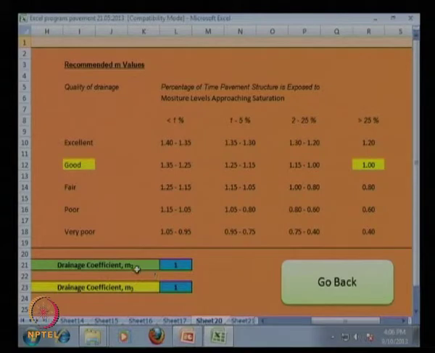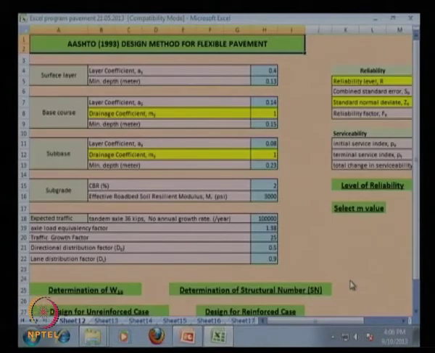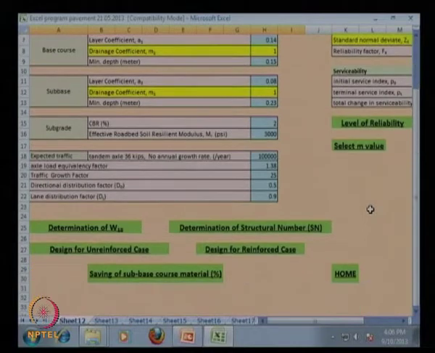That is why drainage coefficient M2 is equal to 1 and drainage coefficient M3 is equal to 1. One is for the base course, another is for the subbase course. So you can calculate the value of M.